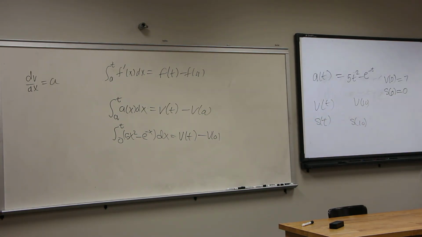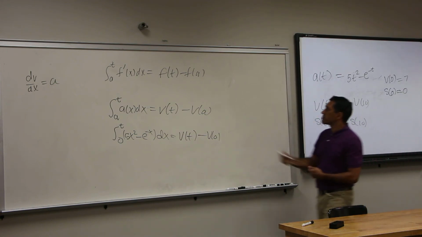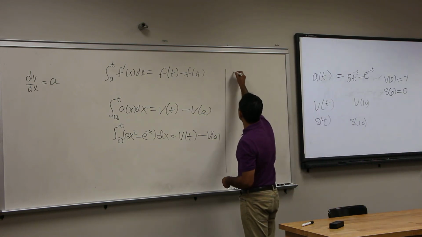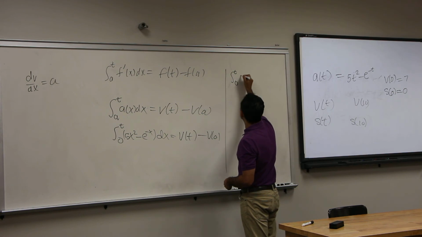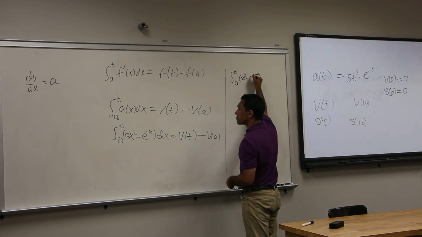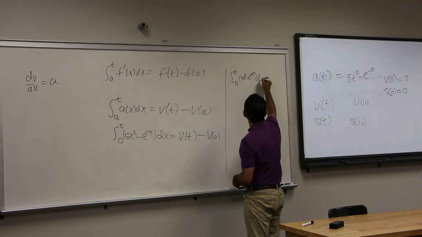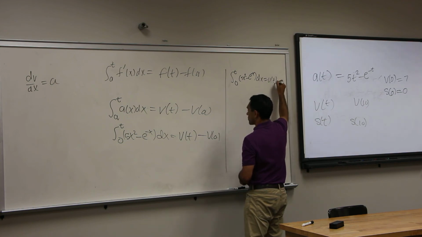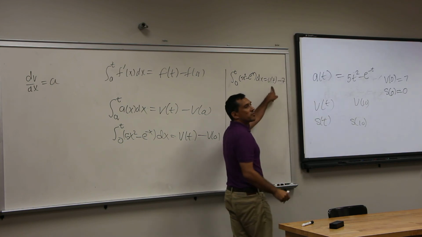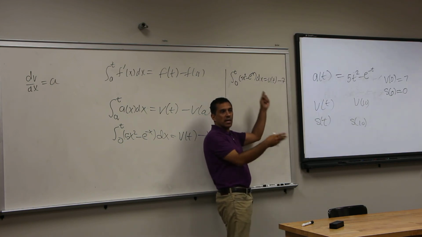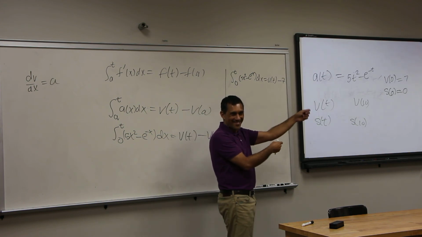We'll put it in there. That is to say, V of t is whatever this turns out to be, and I'll give it to my calculus one friend.